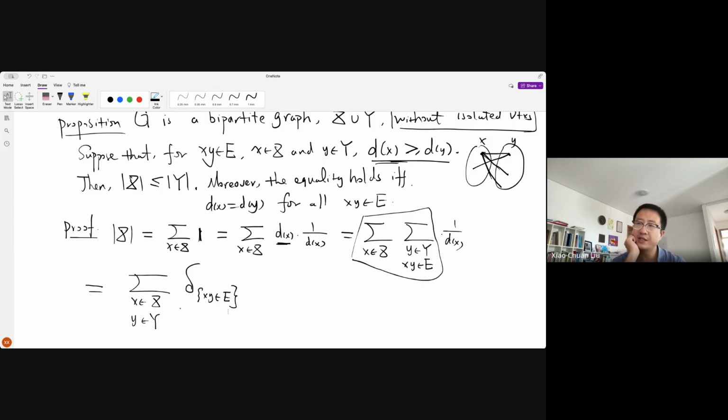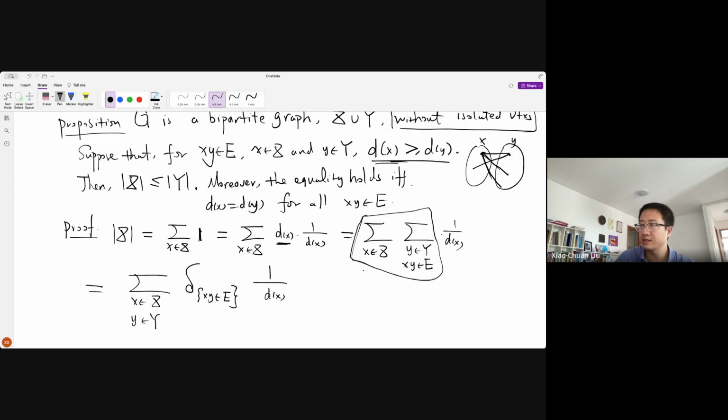This notation is a little more advanced, but I try to do it slowly. And this 1 over d(x) is kept. I just move what's inside this rectangle here. I'm saying that it's the same thing.